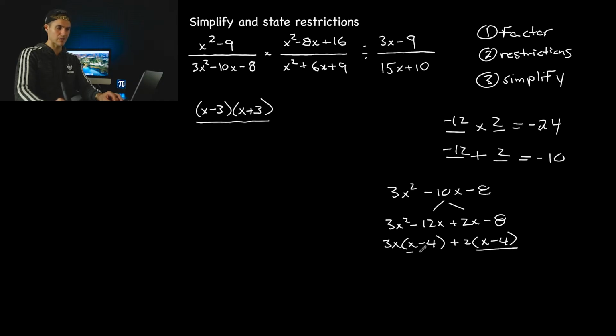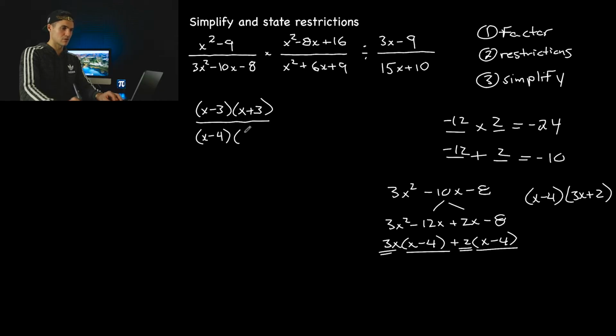And then I could take out an x minus 4, and I would be left with 3x plus 2. So that's what the bottom is going to factor to. A lot of times I'll show the work if the a value is something other than 1. If it's 1, then it's fairly easy. When I'm doing this, I'm assuming that you have a good grasp of factoring at this point.